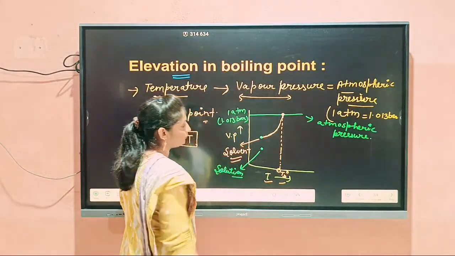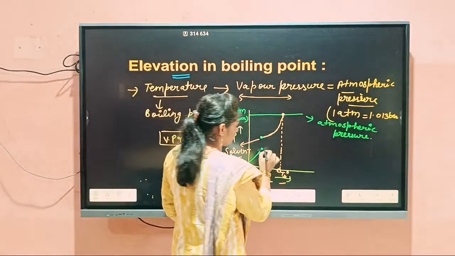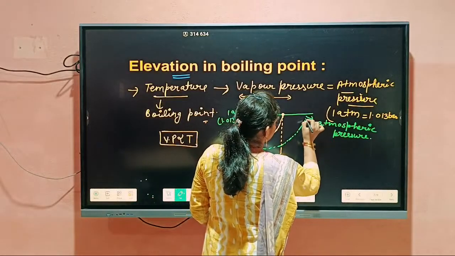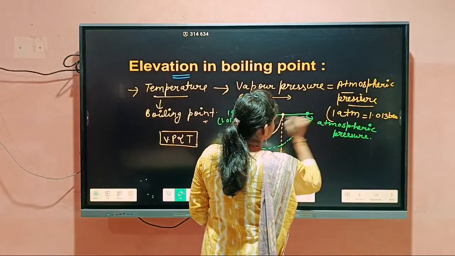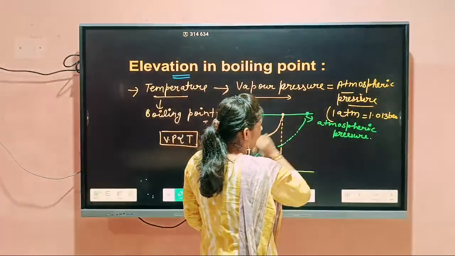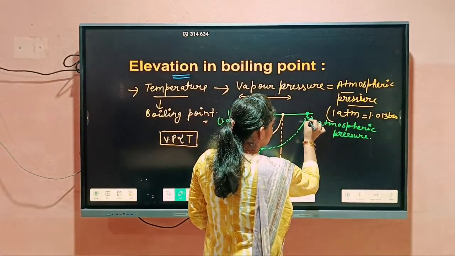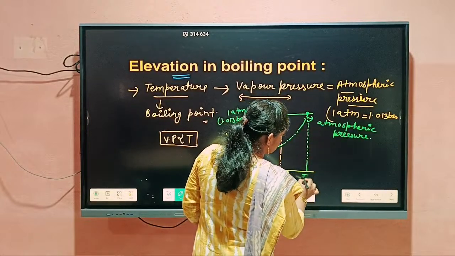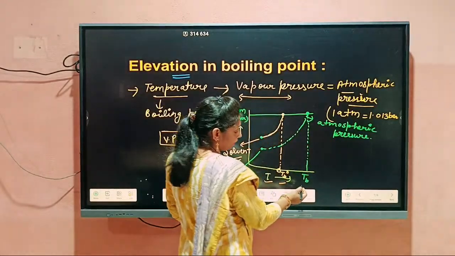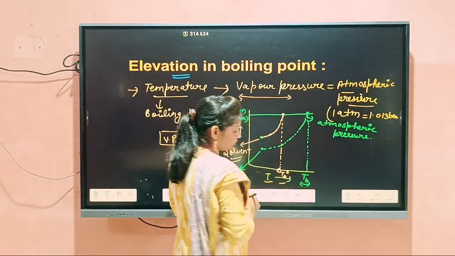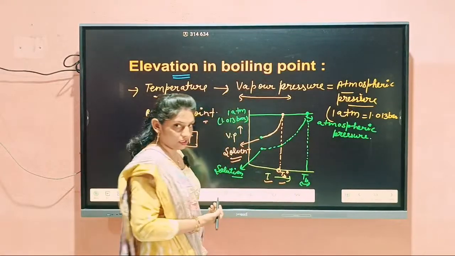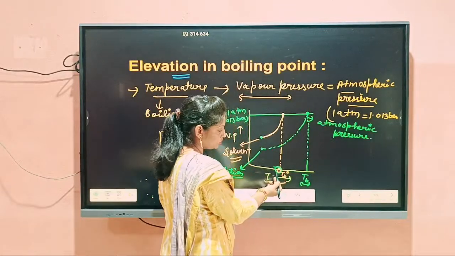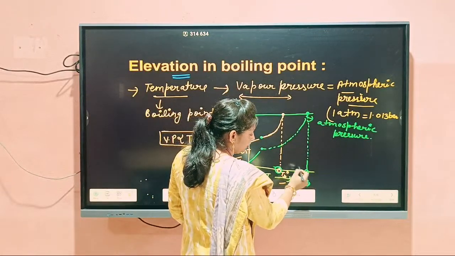Again, when we increase the temperature, vapor pressure increases. So let us consider at this temperature, at this pressure, it becomes equal to the atmospheric pressure. So this is the boiling point of the solution, denoted by TB. You can see this is the boiling point of the solvent, and this one is the boiling point of the solution.